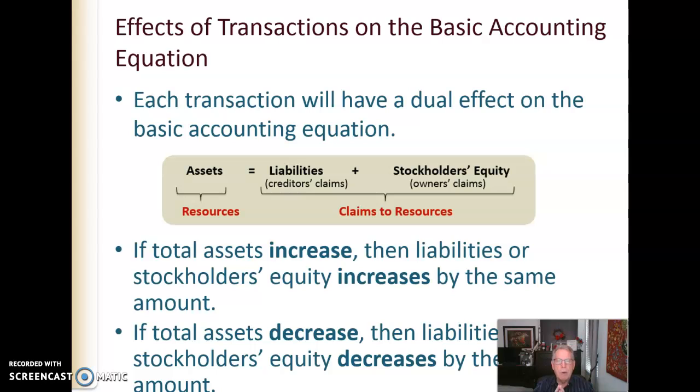Liabilities represent outsiders' claims to those resources, while stockholders' equity represents our owners' claims to those resources. So, to balance the accounting equation, if assets go up, then liabilities and stockholders' equity need to go up. If they decrease, just the opposite. The accounting equation must always stay in balance.